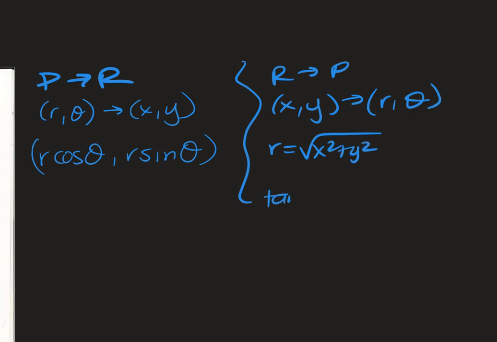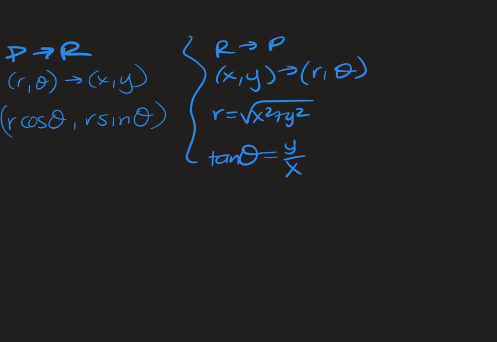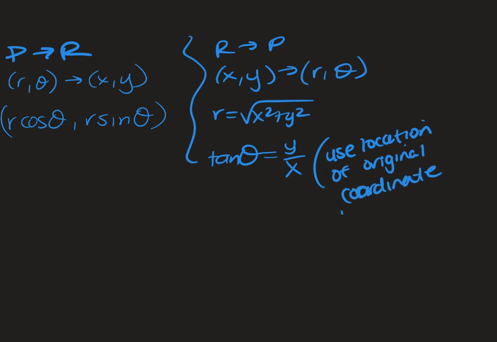And tan theta equals y over x. So we inverse tan that and use the location of the original coordinate point to choose the theta.